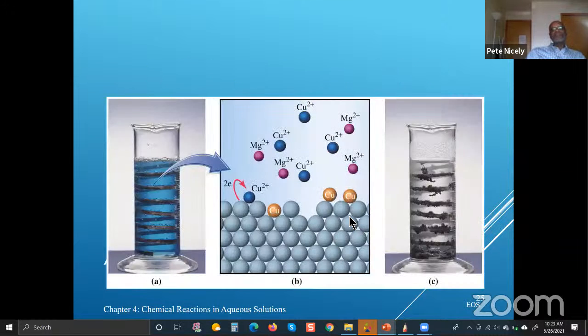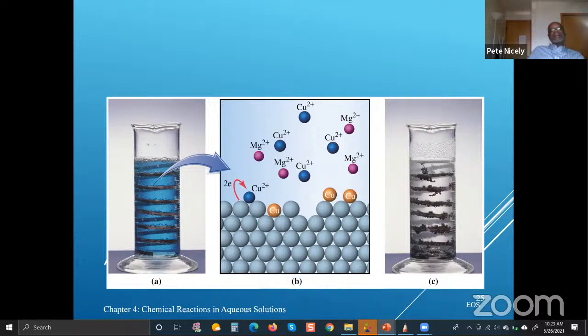Okay, so just to point out a simple example of a redox reaction, and then we'll move to more complicated examples. We're going to look at this setup right here. What you're looking at is a simple reaction where magnesium in the form of a coil is placed in a solution of copper 2 sulfate.